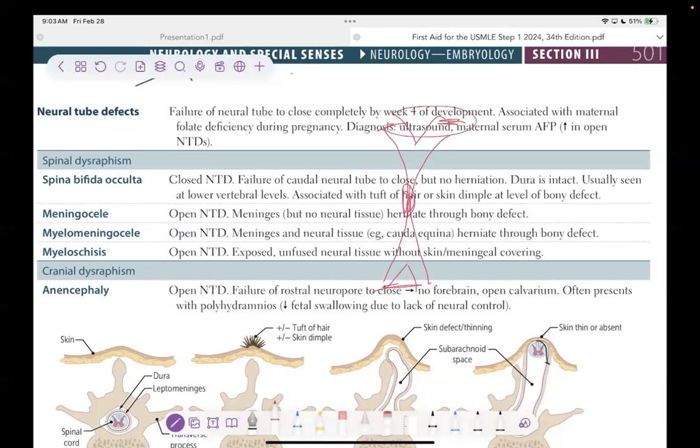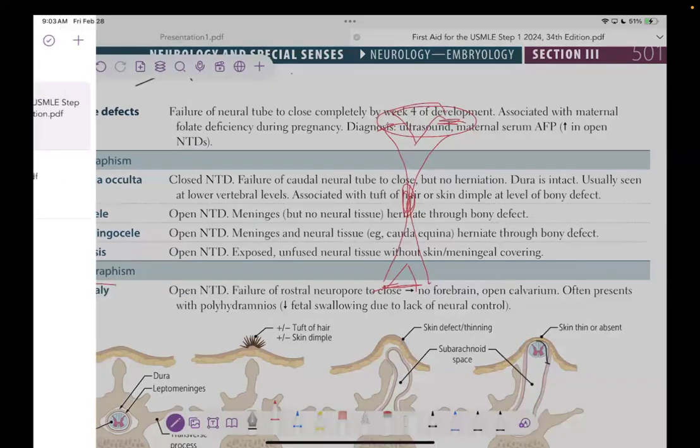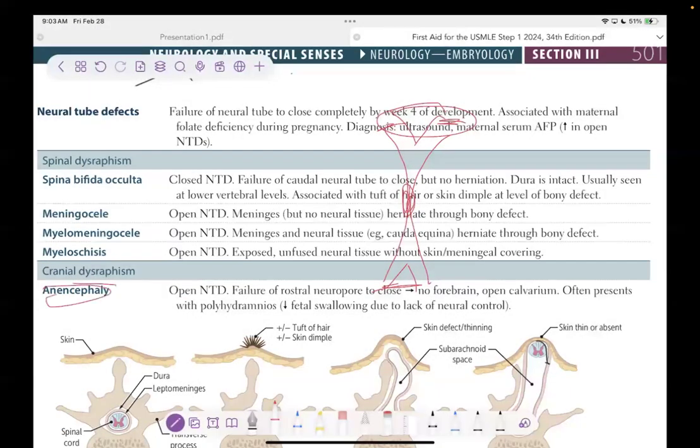For example, if the upper part is not closed, it makes cranial dysraphism or anencephaly, right? Because it cannot make the upper part of the brain. And if the lower part is not developed well and it's open, then we say spinal dysraphism. Of course, we know that the lower part makes the spinal cord and the upper part makes the brain.